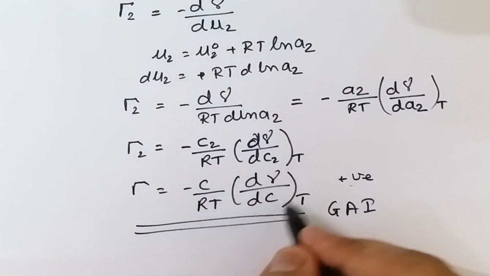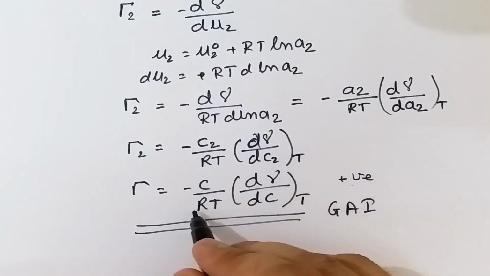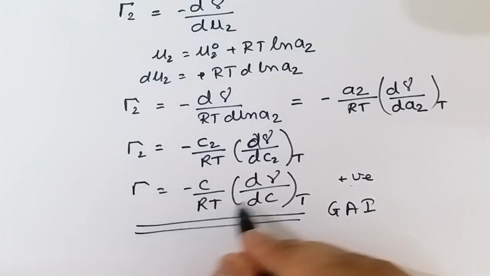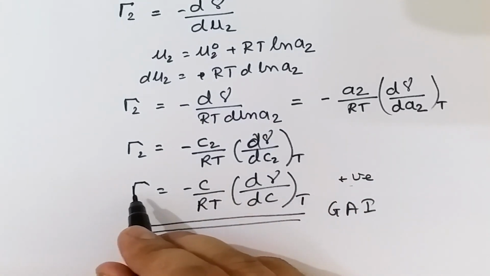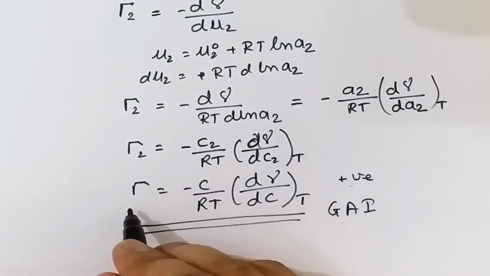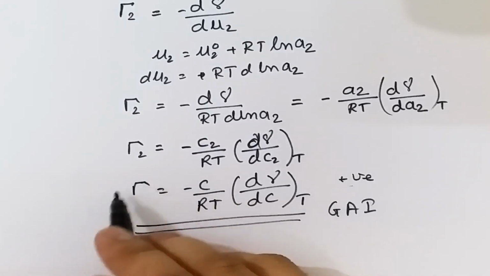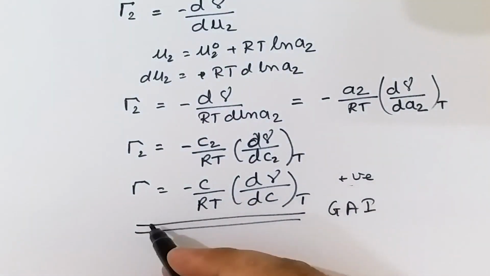If this is a positive value, then the net value will be a negative value. That means if we increase the concentration of any solute, the surface tension of the solution will also increase. As the surface excess has a negative value, the amount of molecule on the surface is decreasing and the value of the surface tension will increase.